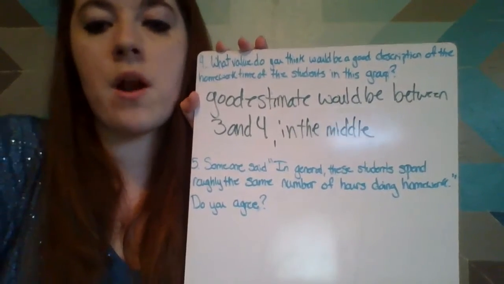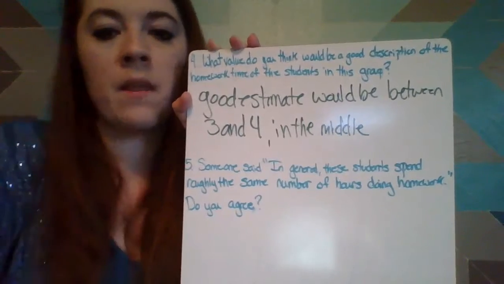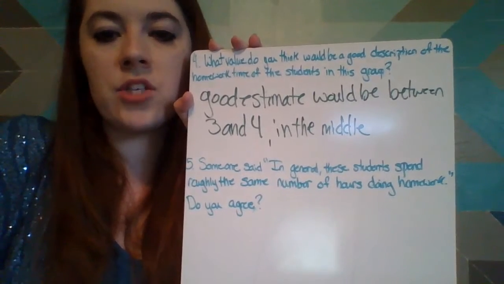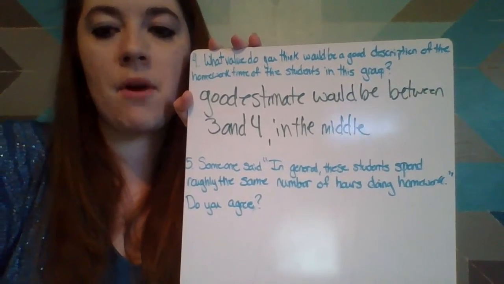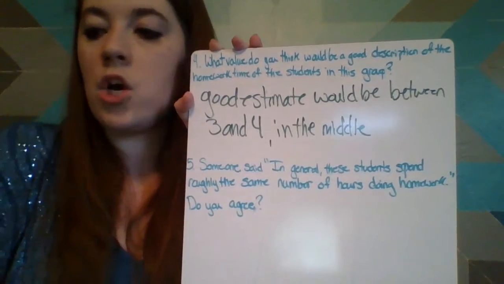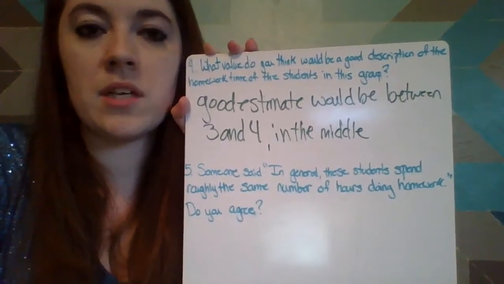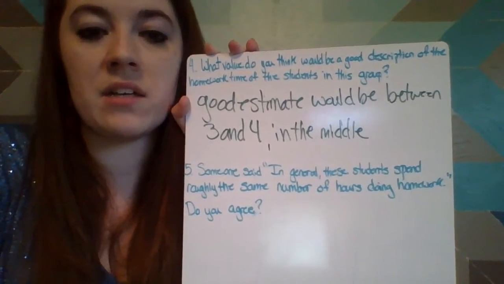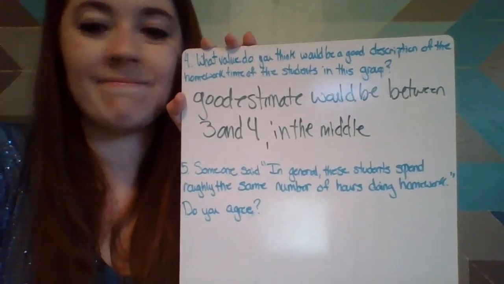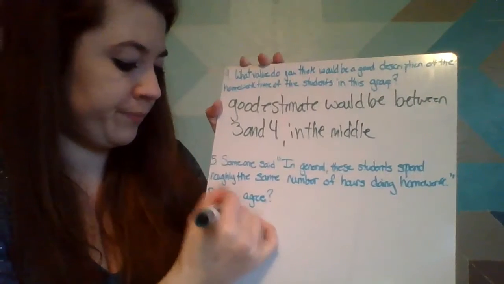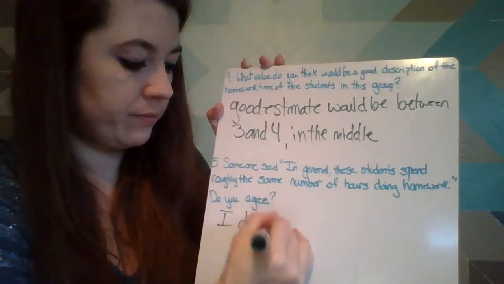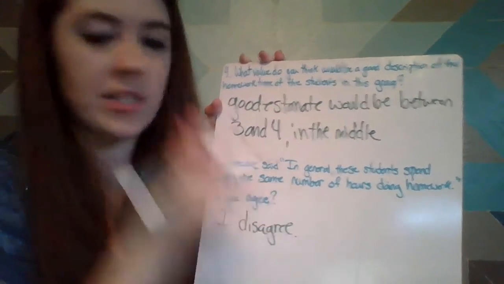All right, and for number 5, the last question here. Someone said, in general, these students spend roughly the same number of hours doing homework. Do you agree? No, disagree.